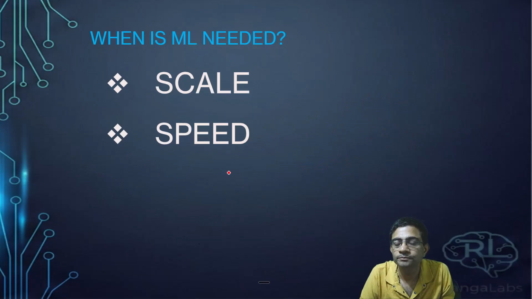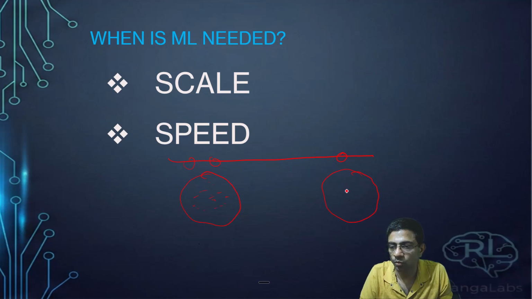When we talk about speed in case of programming, I told you this is a straight line. If you put a here, b here, you will get a c here. But in case of machine learning, it is an area. So for getting one output, you have to give many inputs.